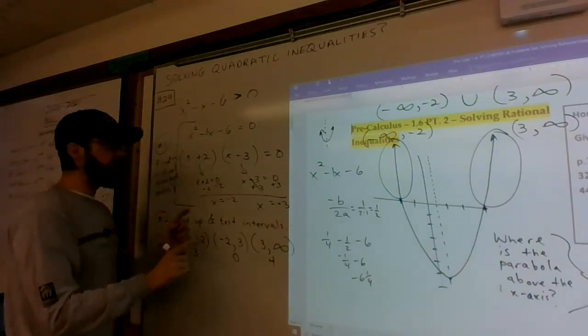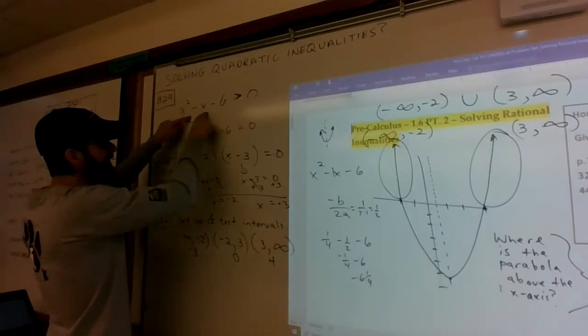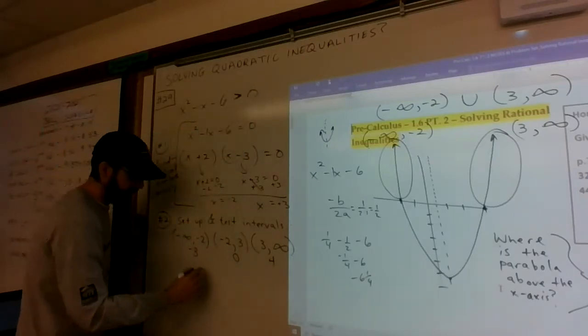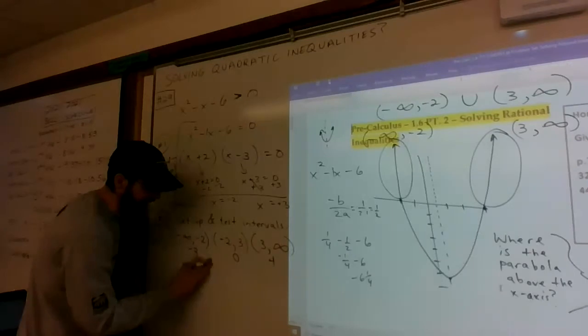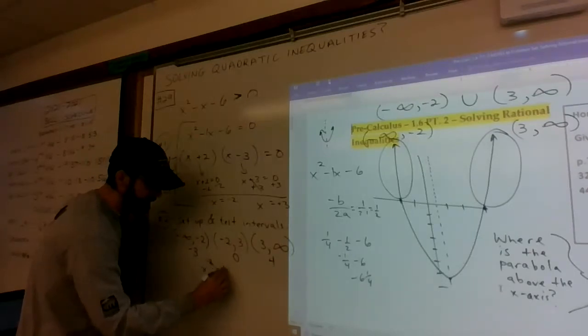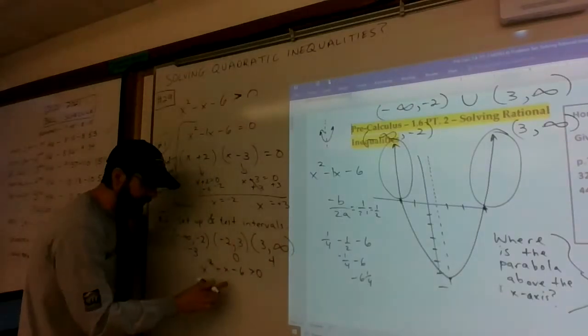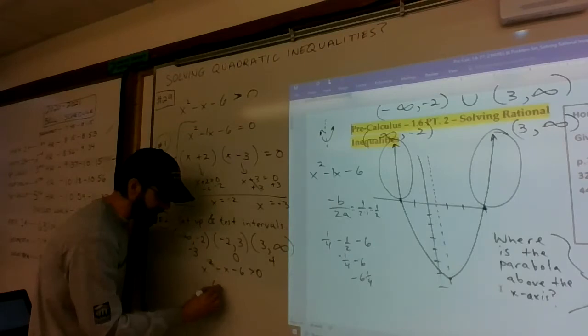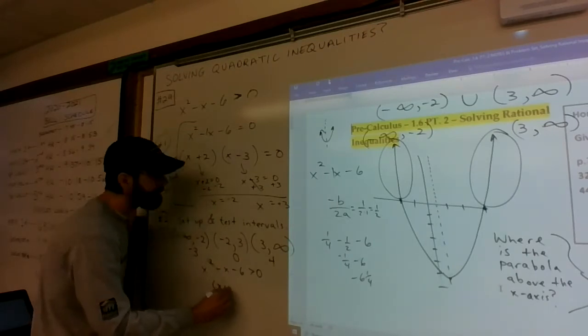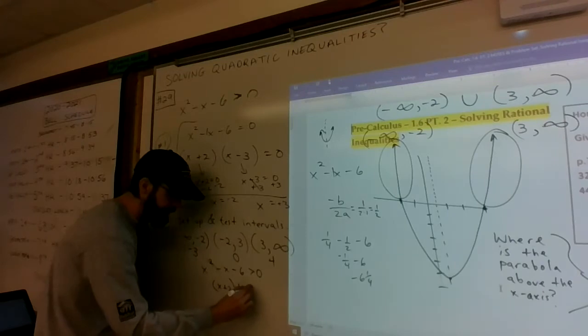So I'm going to use this version that's already factored. x squared minus x minus 6 is greater than 0. We can talk about this as x plus 2 times x minus 3.